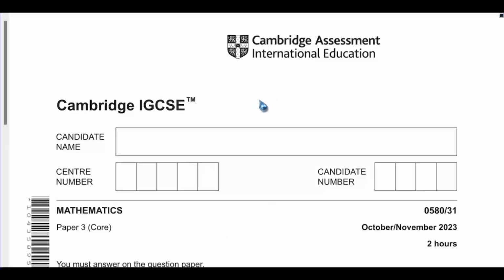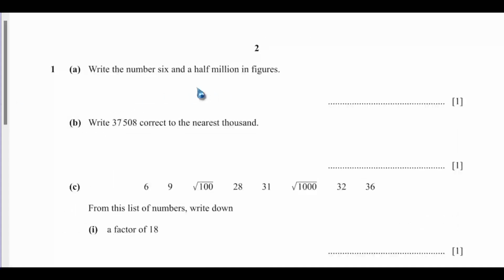There are 10 questions in this paper. Let's jump into the first one. Write the number 6.5 million in figures. So that is 6.5 millions. You know that you should have 6 zeros before the million. So now we have 6 million, that is 6.